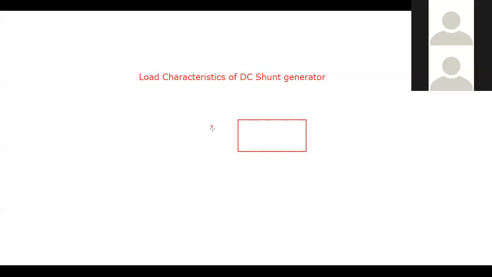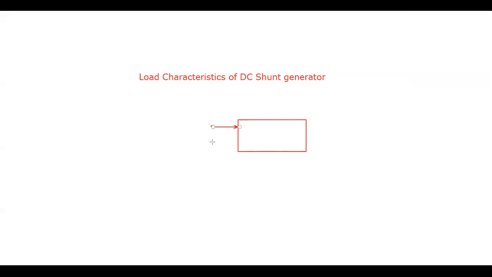We all know the basic principle of a generator is a device. We give an input to a device and take an output from the device. I'm going to name this device a generator.